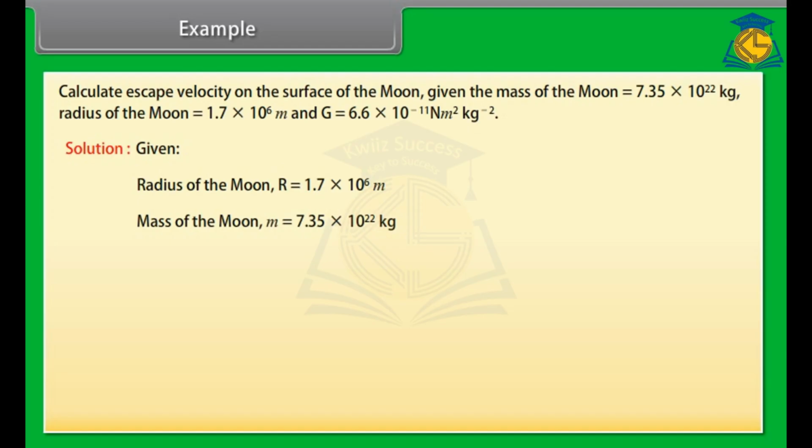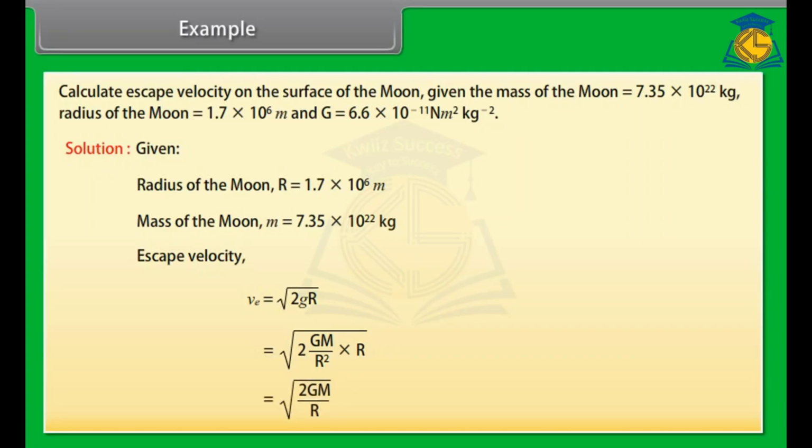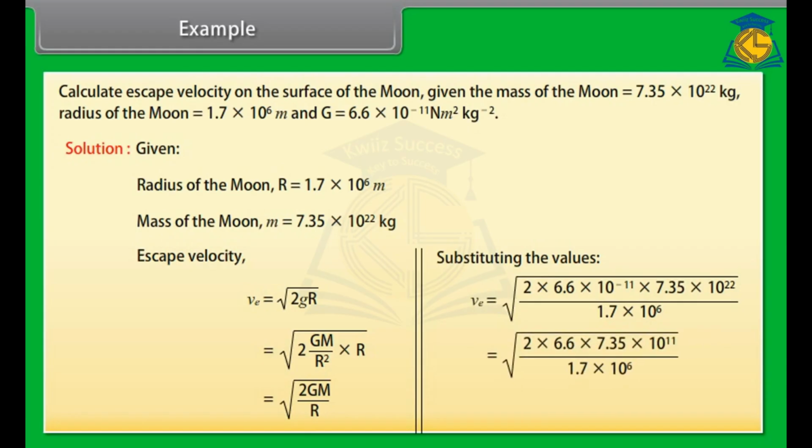Mass of the Moon M = 7.35 × 10^22 kilogram. Escape velocity is equal to √(2gr). By putting the value of g, we get escape velocity = √(2GM/r). By substituting the values, we get escape velocity = 2.4 × 10^3 meter per second.